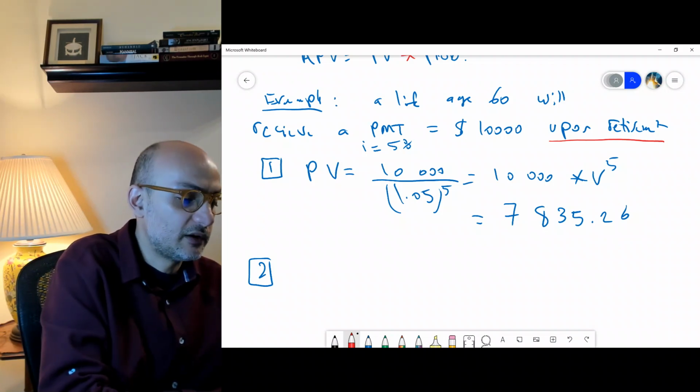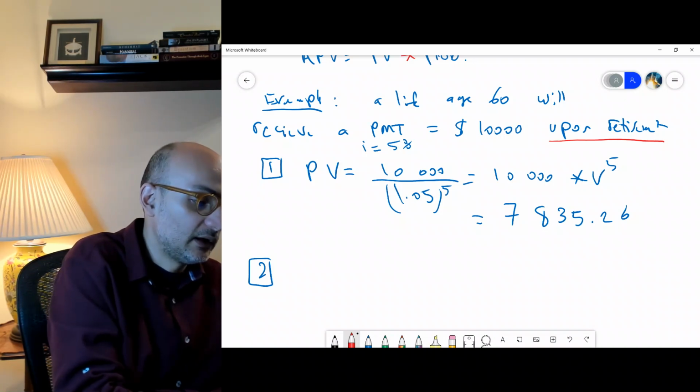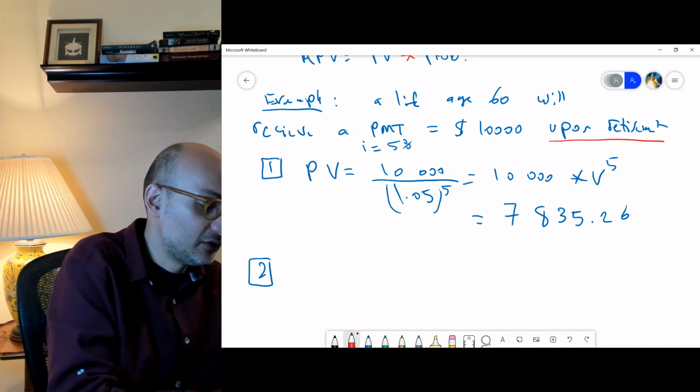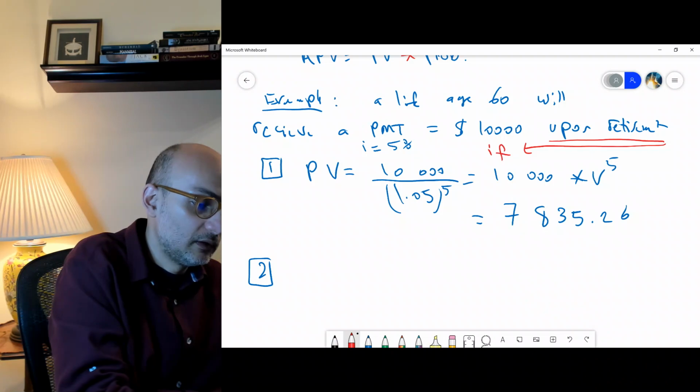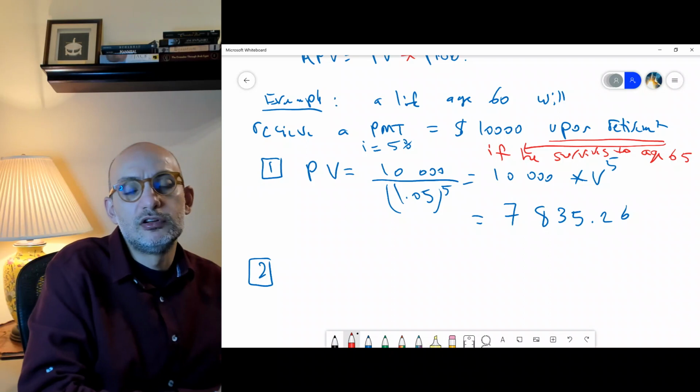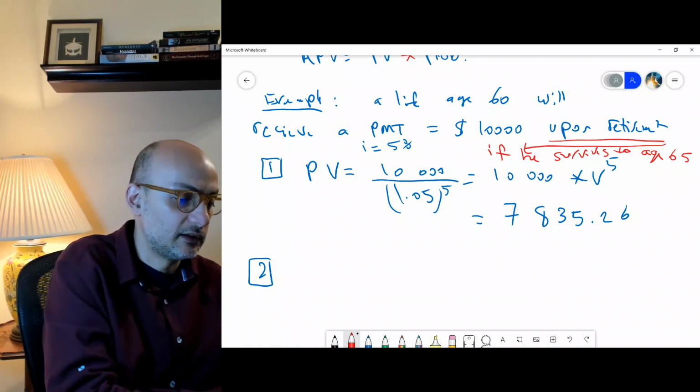So we should clarify: if he or she survives to age 65, it's conditional on survival. So we'll get nothing if the individual did not survive.